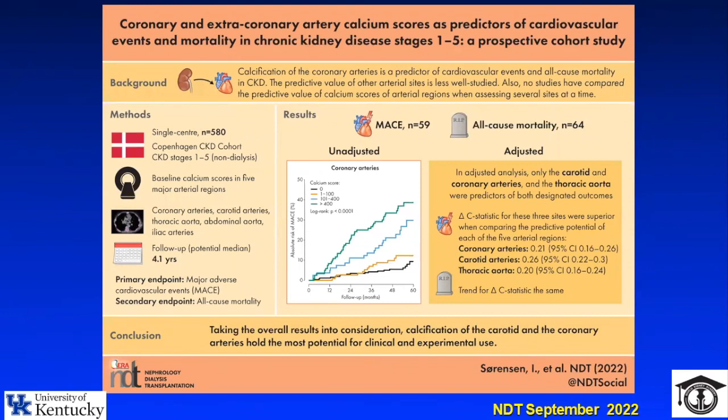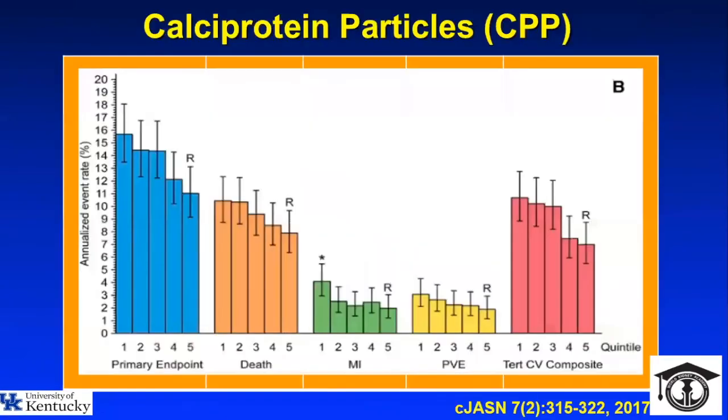Coronary and extracoronary artery calcium score is a predictor of cardiovascular events and mortality in CKD patients. So it's important to measure this calcification score because it gives you an impression about the possibility of major cardiovascular events and mortality.